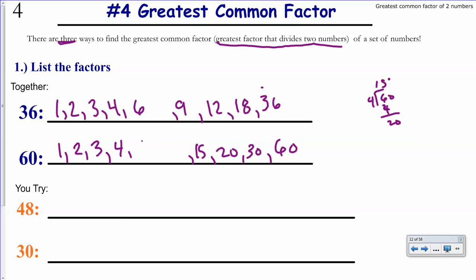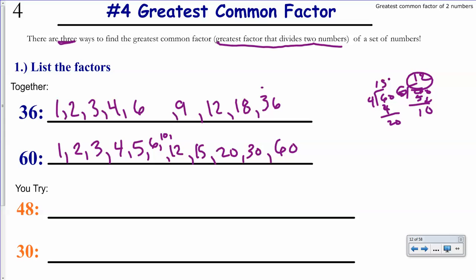How about 5? 5 works. 5 and what do you think? 5 times 12. I'm going to run out of room. 6 times 10. Sorry, I ran out of room there a little bit.